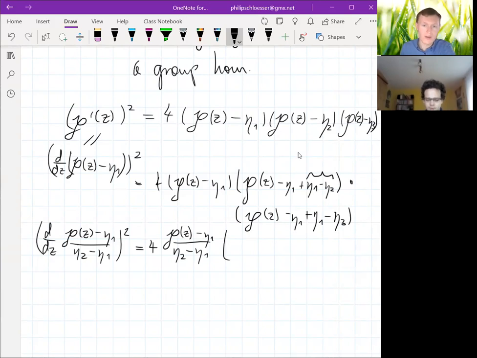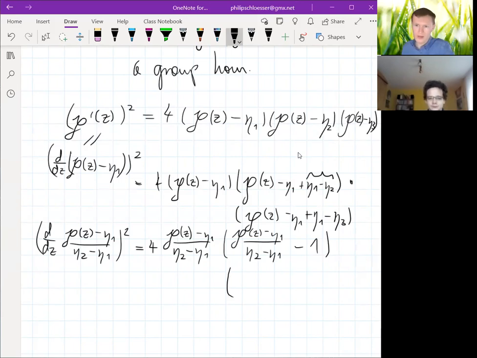Then we take the second of our factors here, P of z minus eta 1 over eta 2 minus eta 1. And here we have minus eta 2 minus eta 1, meaning that we have minus 1 essentially.